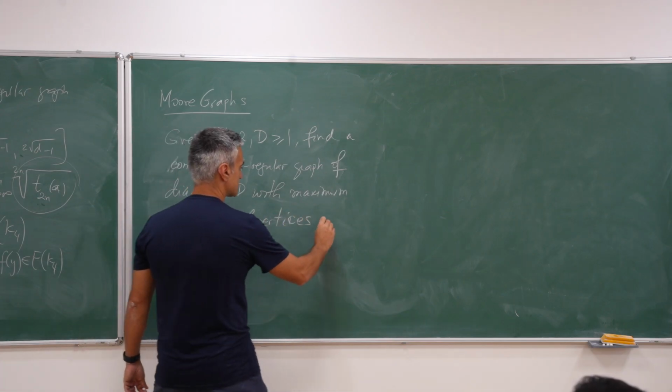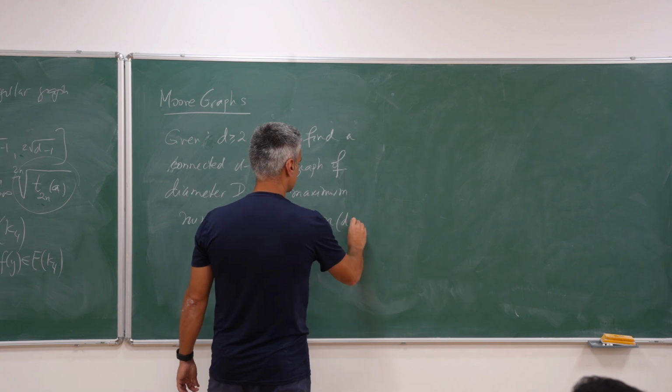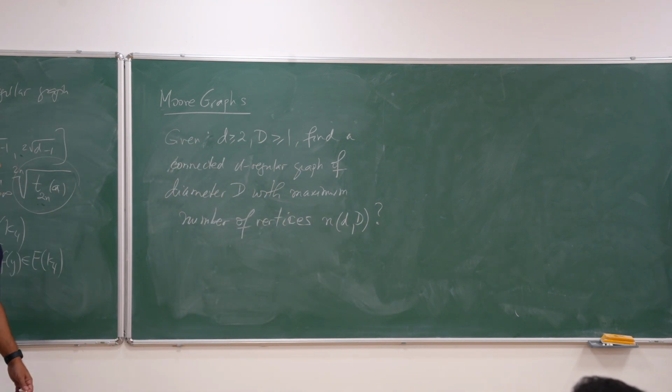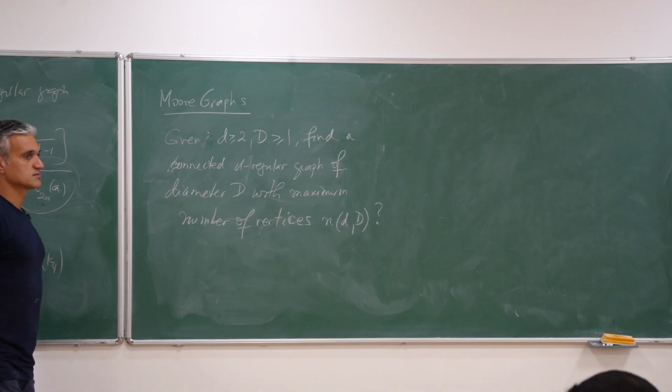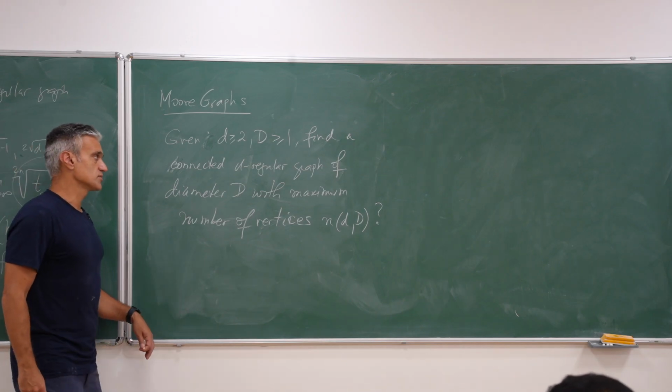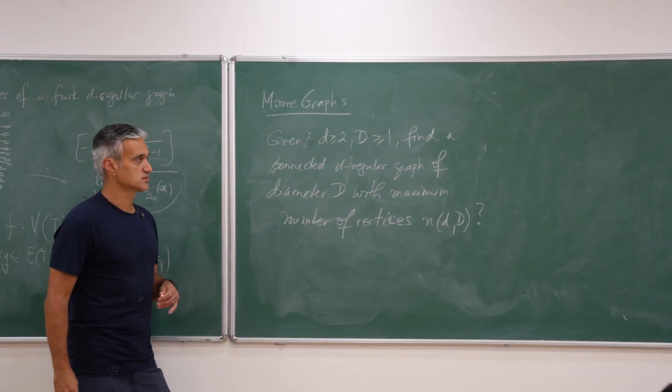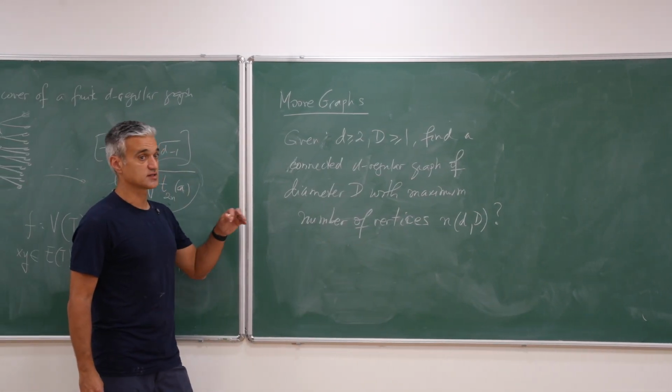So let's call this maximum number of vertices n of d, D. So I give you a degree, and we want to find, for a given diameter D, the maximum number of vertices in such a connected graph. Okay.